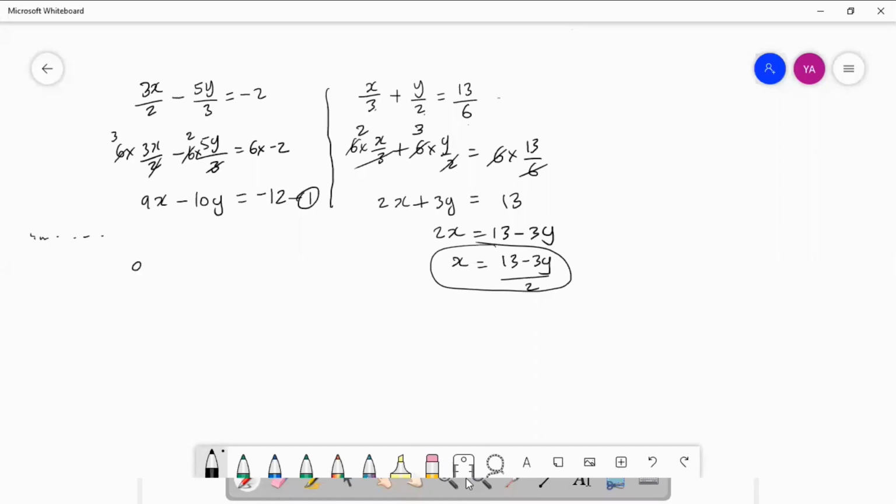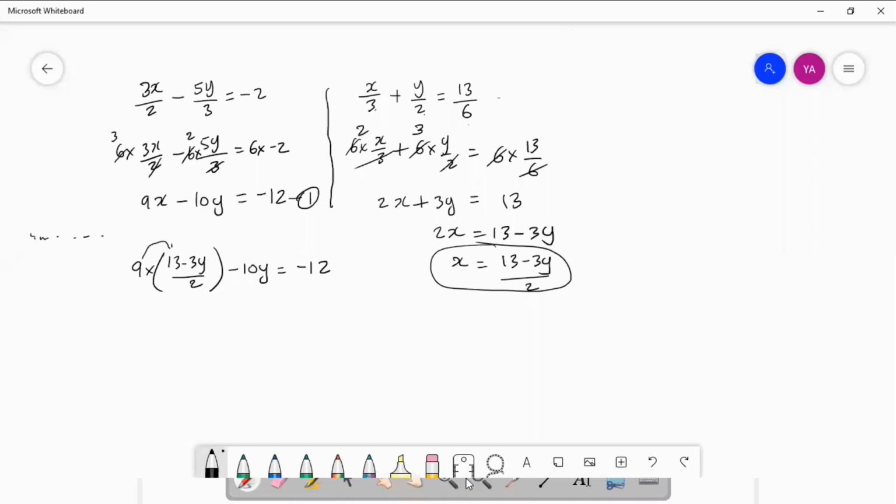So we substitute the value of x here and get 9 times (13 minus 3y) by 2 minus 10y is equal to minus 12. Here we want to remove the bracket first.